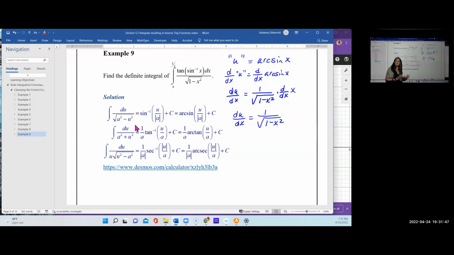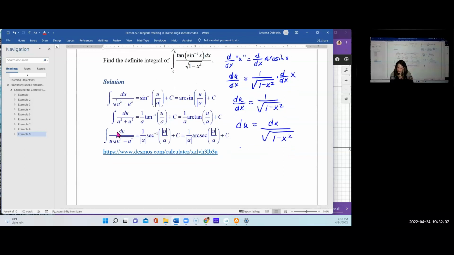Now we can abuse the notation and move the dx to the right. Last time we just kept that and substituted it for du. You can, however, if you want, go ahead and solve for dx like you've done in the previous examples. If you do that, then you get that dx is equal to the radical 1 minus x squared times the differential du.